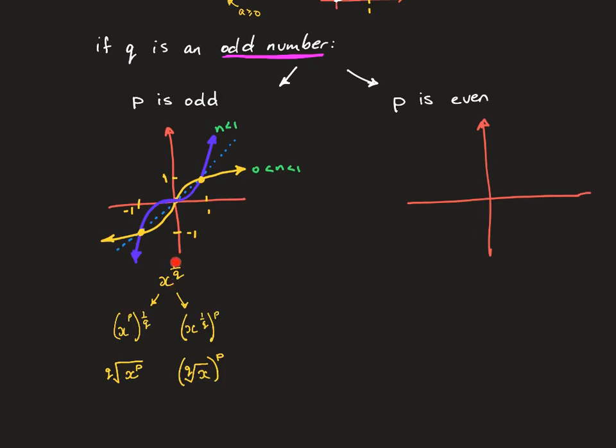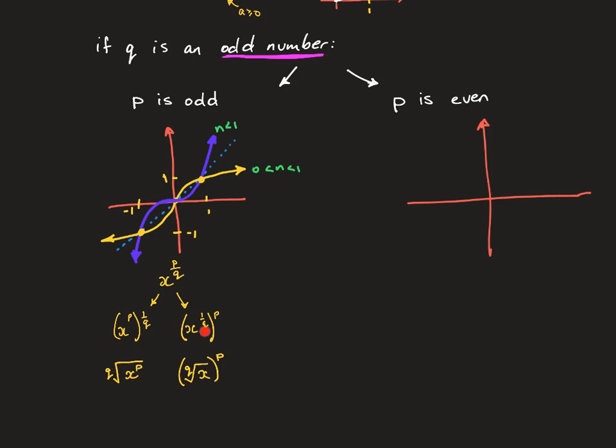So x to the power of p over q, using your index laws, can be written as x to the p raised to the power of 1 over q. If you multiply this, you'll get p over q. Or it could be x to the power of 1 on q raised to the power of p. If it's x to the power of p and then you take the qth root of that, it's the qth root of x to the power of p.